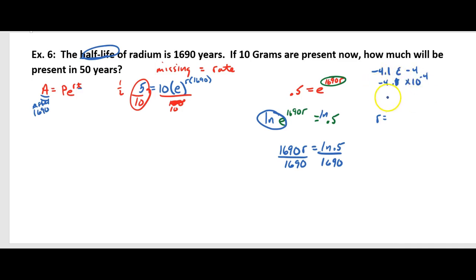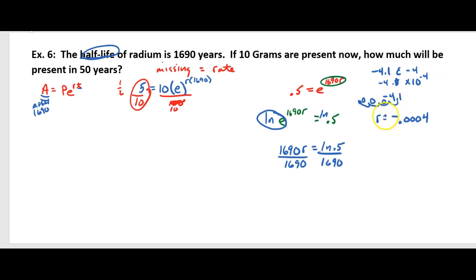If you remember scientific notation, if it's to the negative 4, I'm moving that decimal place 4 units to the left. So 1, 2, 3, 4. Fill these missing units in with zeros, and the rate ends up being negative 0.000, and I'm just going to use 4.